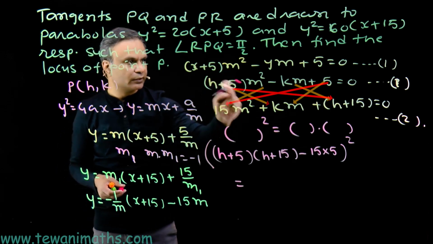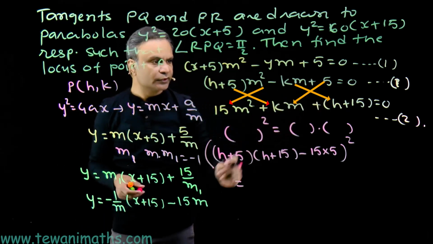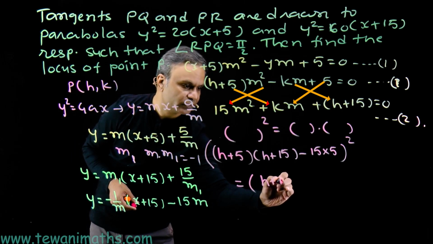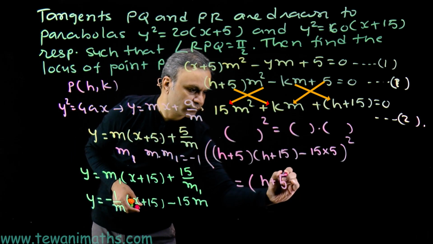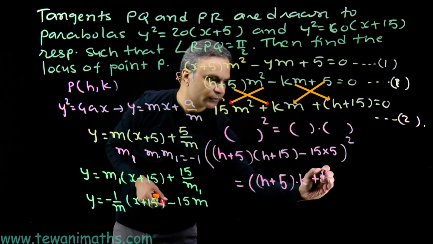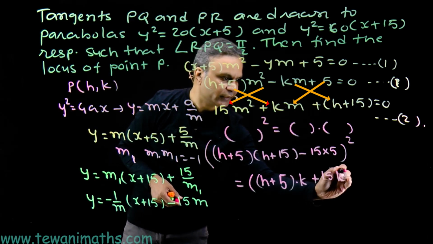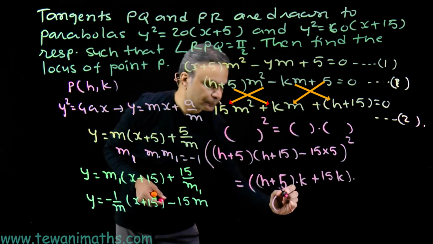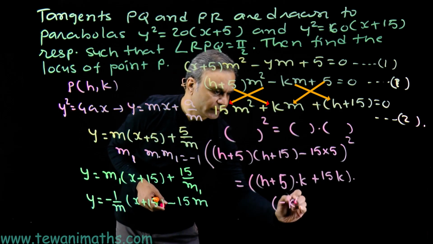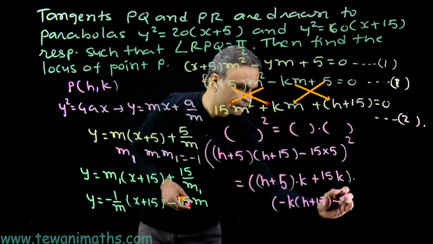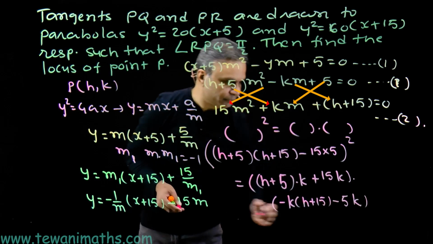This smaller cross will be h plus 5 multiplied by k plus 15k, and this smaller cross will be minus k into h plus 15 minus 5k.